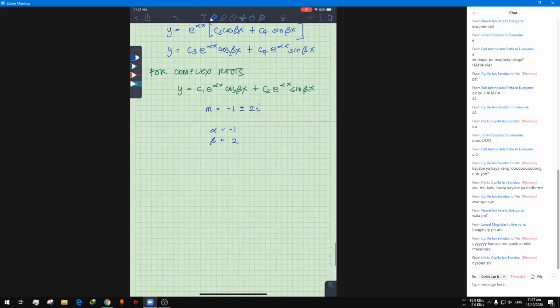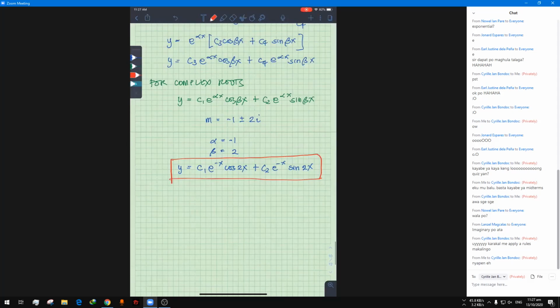So ang solution natin nun would become C1 e raised to negative x cosine 2x then plus C2 e raised to negative x sine 2x. So this would be the answer.